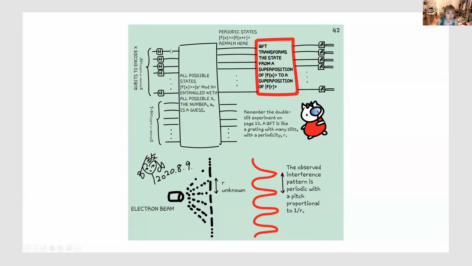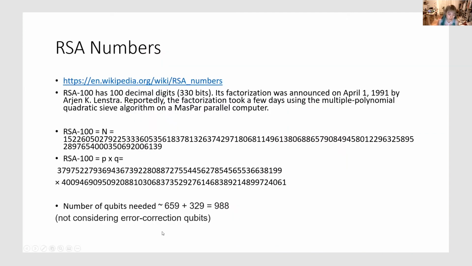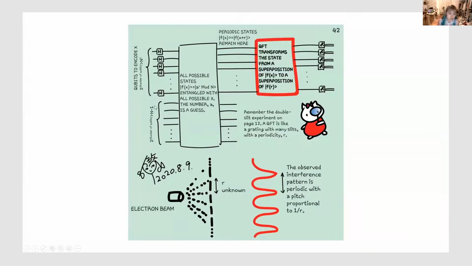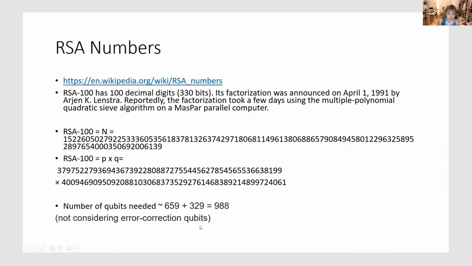If you want to encode the input qubits, then you need 2 to the number of qubits to be larger than n squared, and that gives us 659. And then you also need some output qubits, where 2 to the number of qubits is larger than n minus 1. So that's 329. In total it is about 1,000.